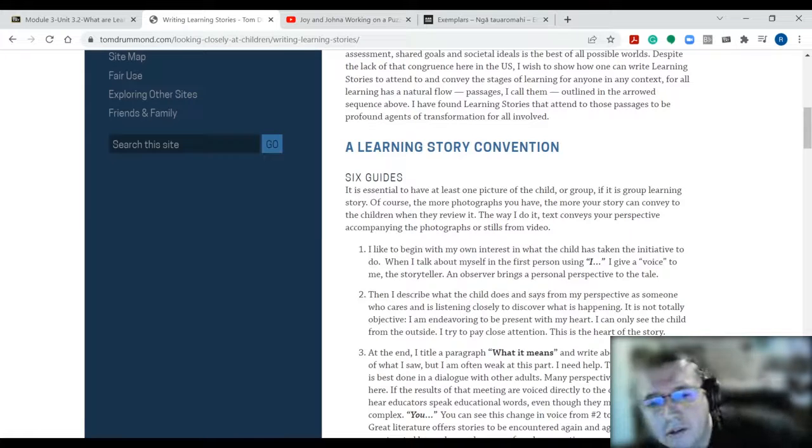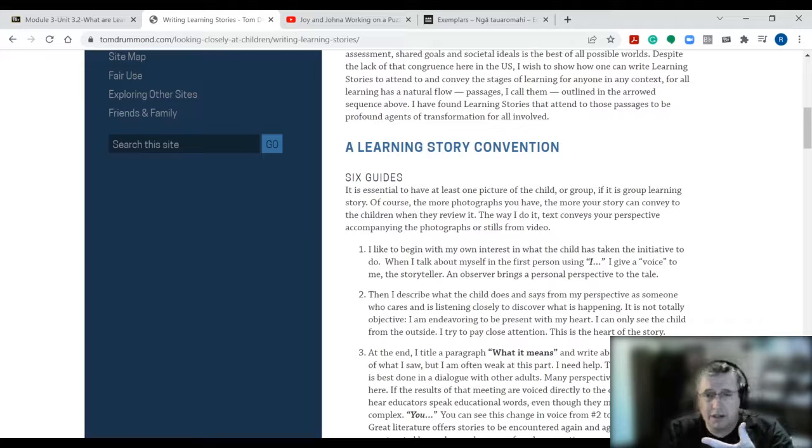You're also going to tell the story. So we have the title, the pictures. Now we have a story. The story is going to be about what happened, basically. Okay, what happened in the video, or in the observation, and you're going to use it the same way as we do with the anecdotal observation, where we're looking at it in past tense.